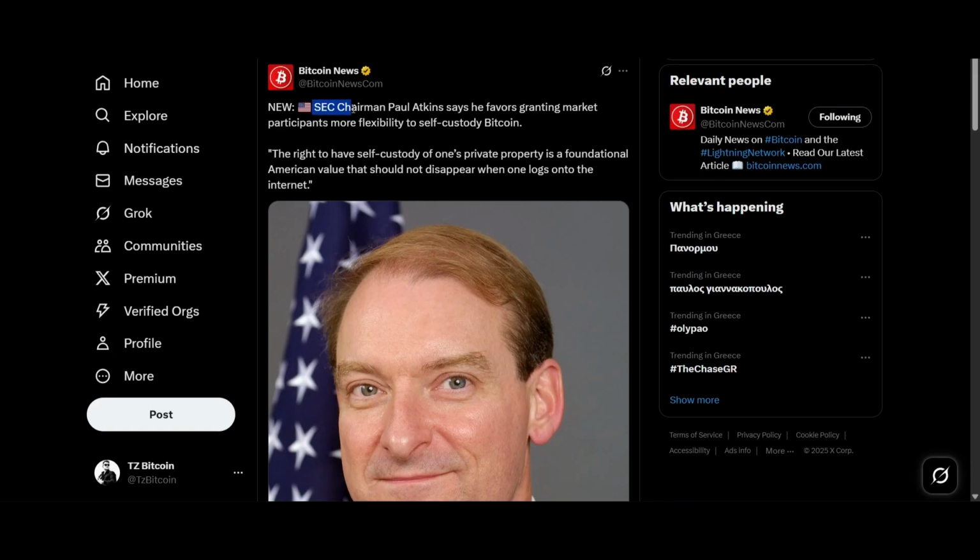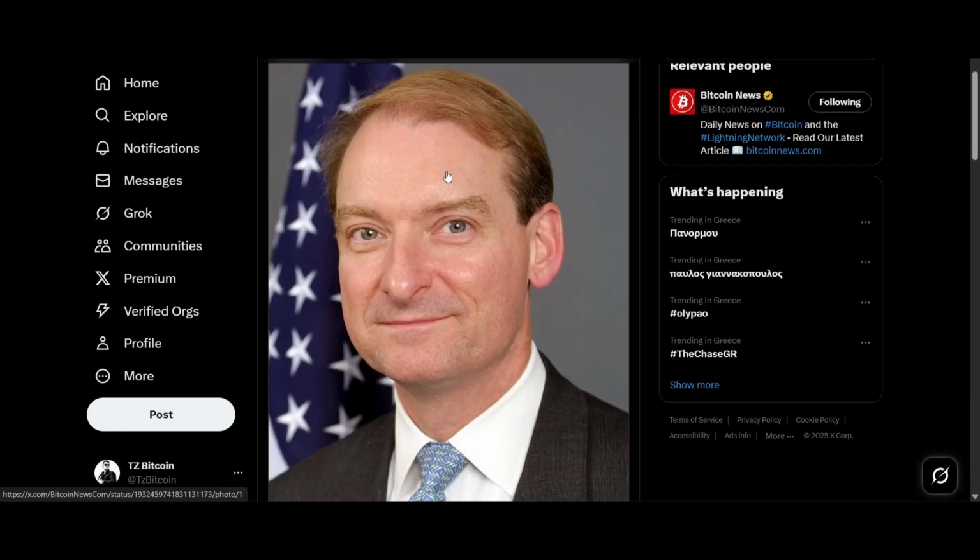We have SEC Chairman Paul Atkins saying he favors granting market participants more flexibility to self-custody Bitcoin. "The right to have self-custody of one's private property is a foundational American value that should not disappear when one logs onto the internet."